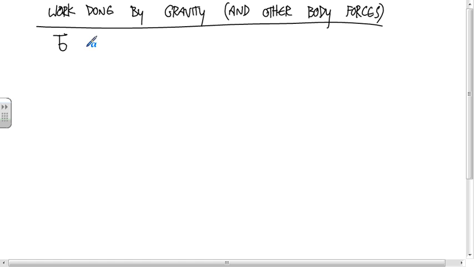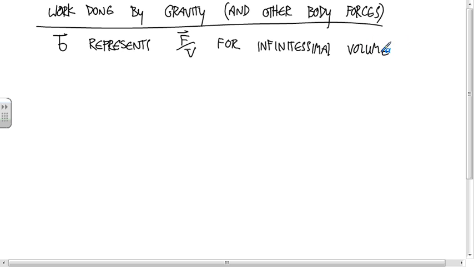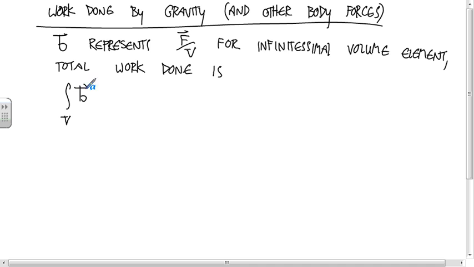If B represents the force per volume for an infinitesimal volume element, the total work done here is the integral over the entire volume of the body force dotted with the displacement at that location, dV.